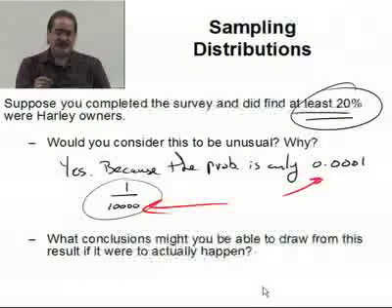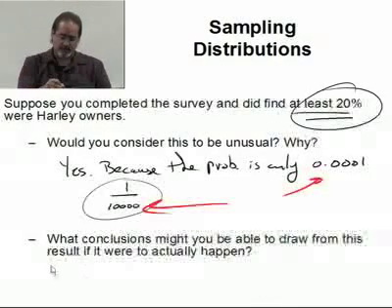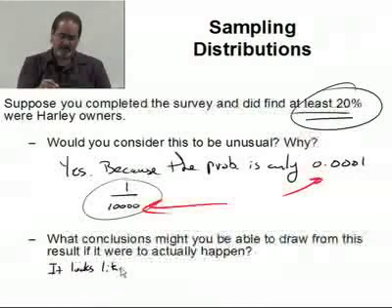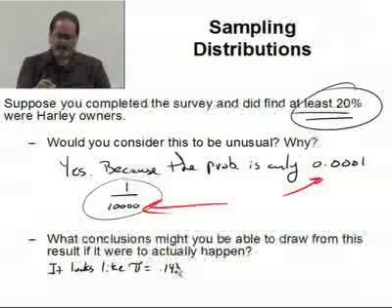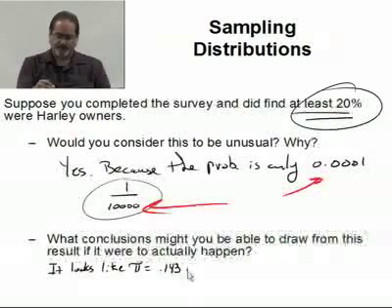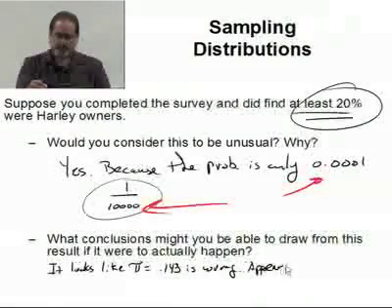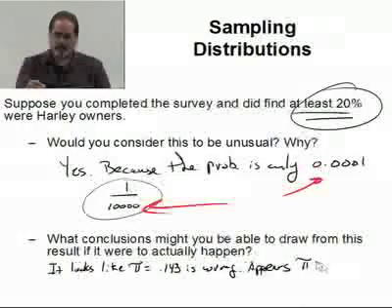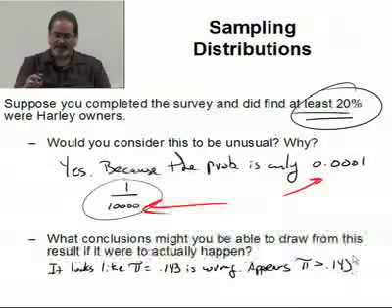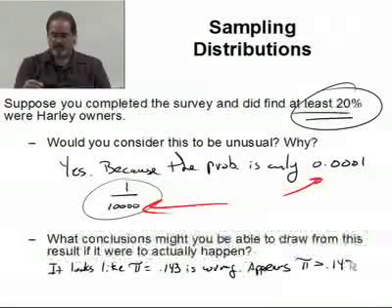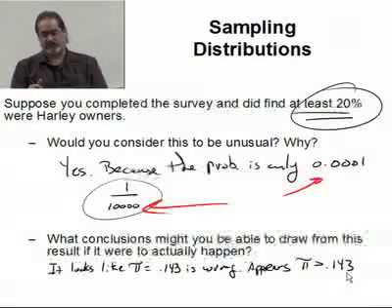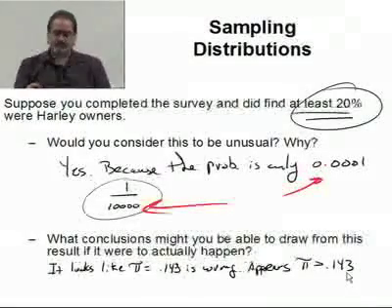Well, what this is saying is that it looks like pi equals 0.143 that was reported is wrong. It appears that pi is greater than 0.143. I don't know what it is, but it sure seems like that proportion, 0.143, is probably wrong.